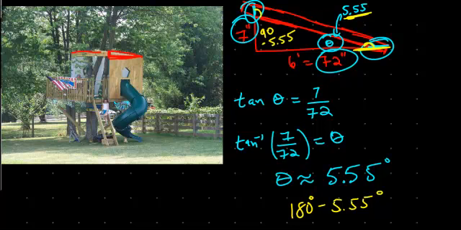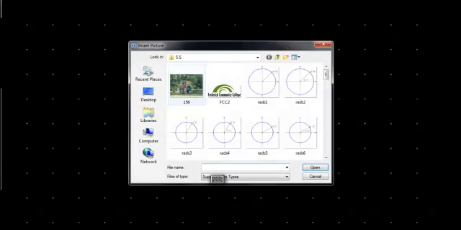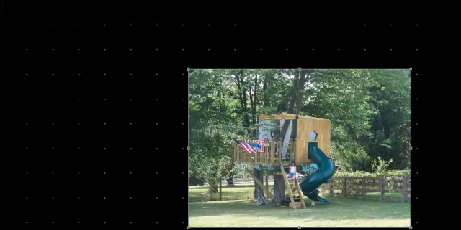So if we look at the tree house, let me go to a new page here. Let's look at these beams here, and let's talk about how I figured out how to get those beams.